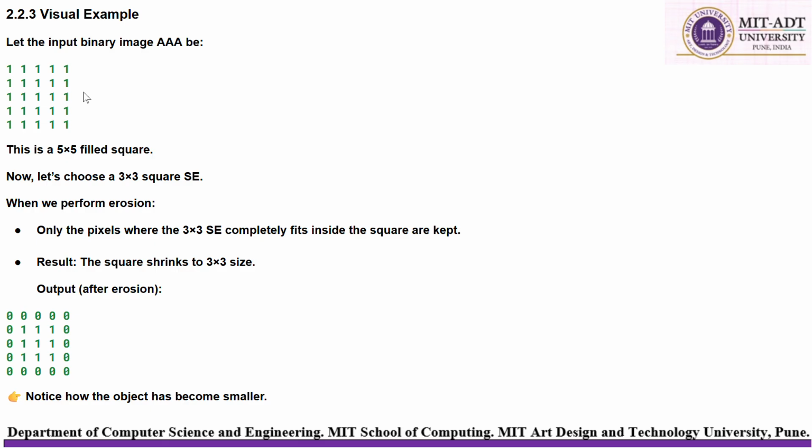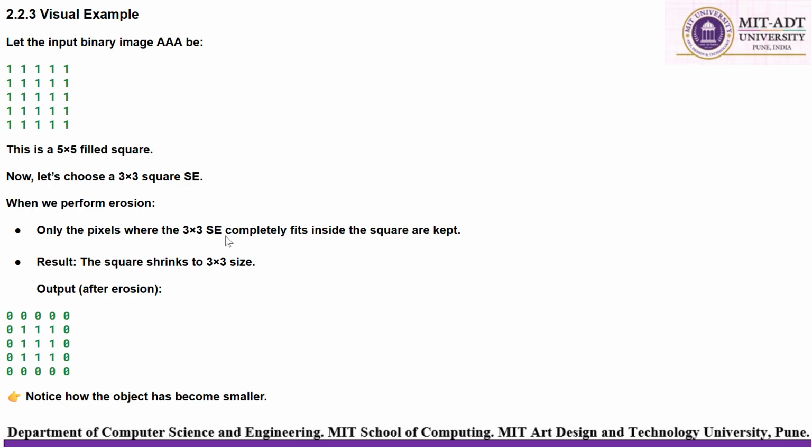Are you able to imagine this kind of image? A complete filled square, it's only the square, right? So now suppose I choose a structuring element with a square that is 3 by 3 size.